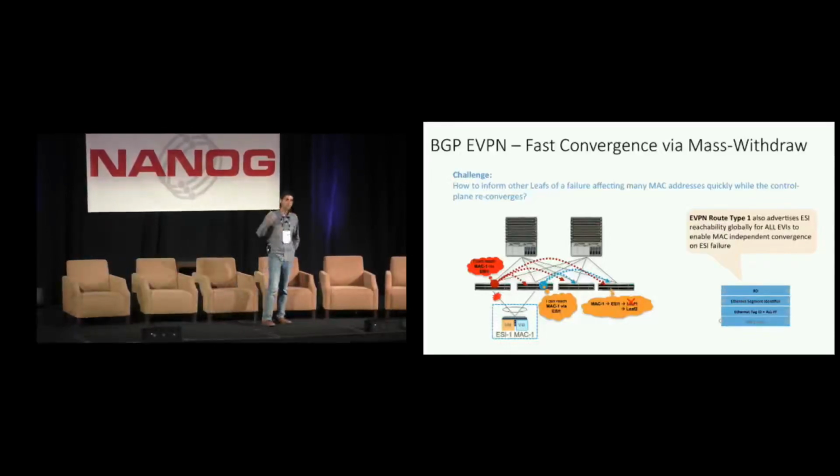So this is basically a single route that is signaling reachability to a given Ethernet segment across all the EVPN instances or EVPN overlays in the data center.